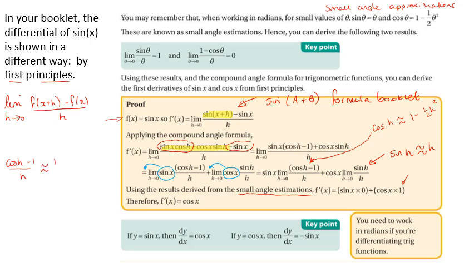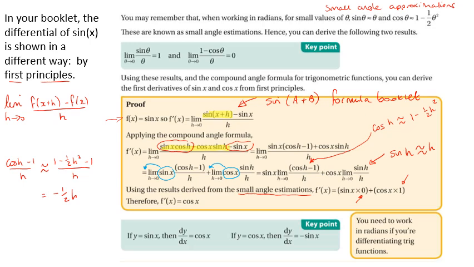So that's 1 minus half h squared minus this other 1, all over h. The 1 and the minus 1 on the top cancel each other out. And minus a half h squared divided by h is minus a half h. But then, if we set the limit as h tends to 0, minus half h will tend to 0. So it'll end up being sine of x times 0, and that's why you can see that 0 there.